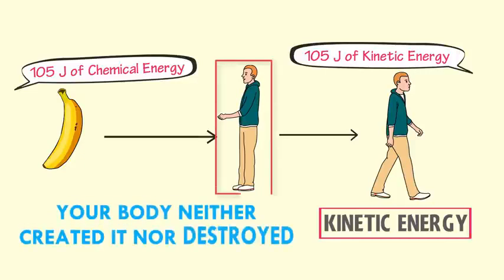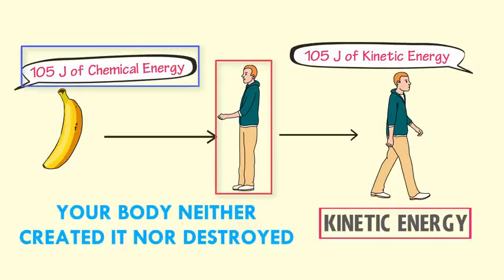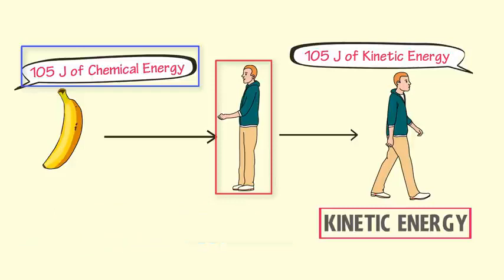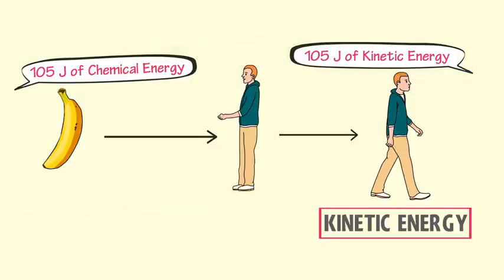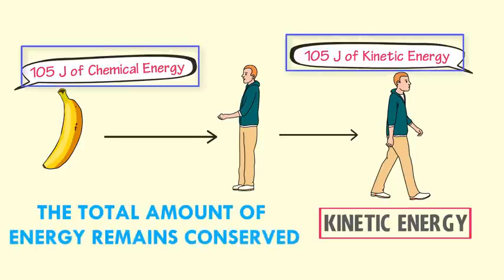Secondly, your body neither created this 105 joule of chemical energy nor destroyed it. But your body just converted or transferred or transformed this 105 joule of chemical energy into 105 joule of kinetic energy. Thirdly, the total amount of energy remained the same, or conserved.